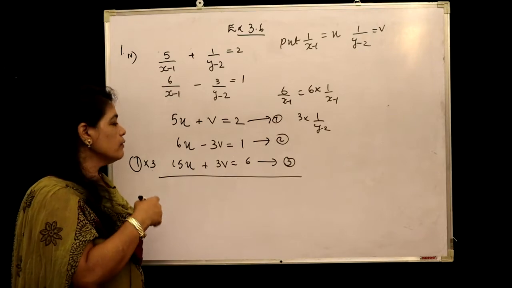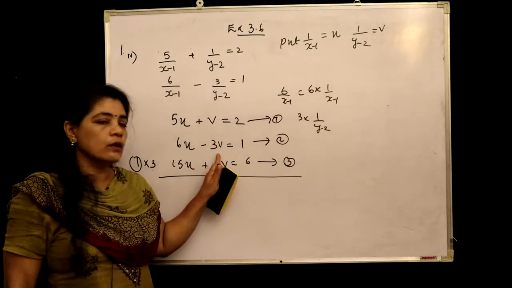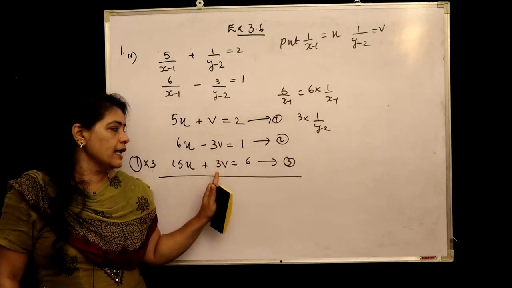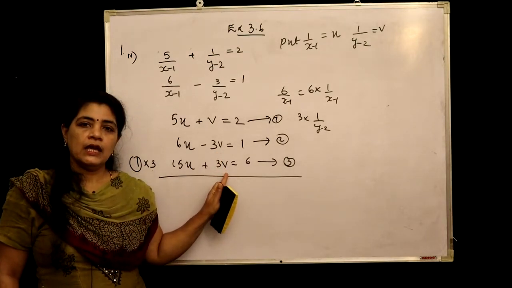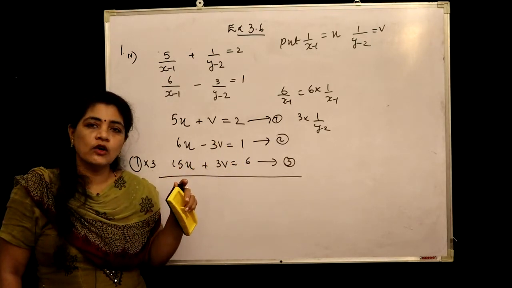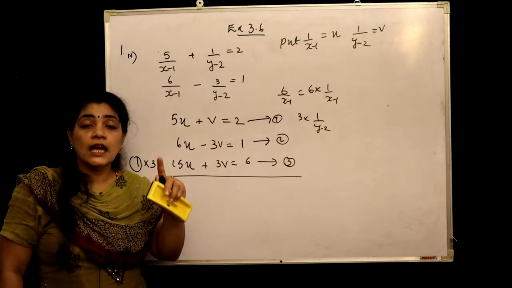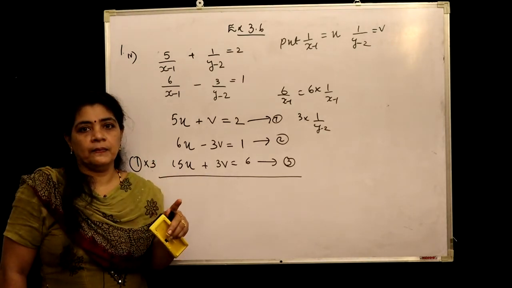Now see how this term can be eliminated. Here we have negative 3v and positive 3v. In the previous cases, after making the coefficients the same, we subtracted because both had the same coefficient with the same sign.